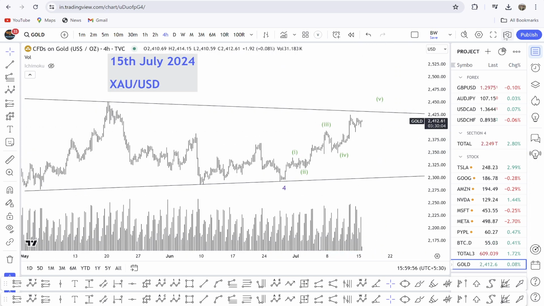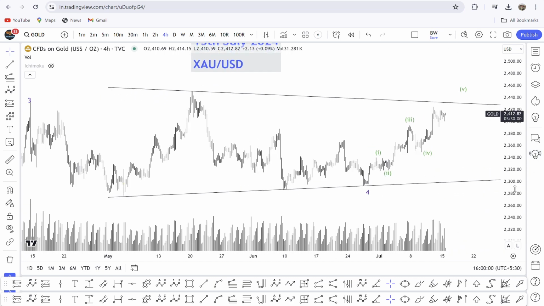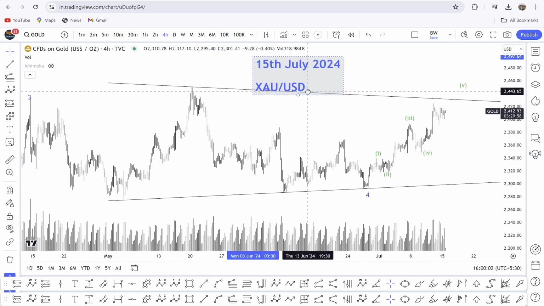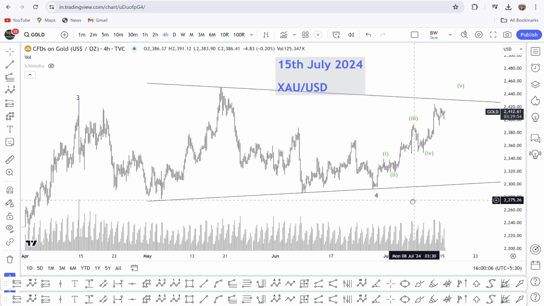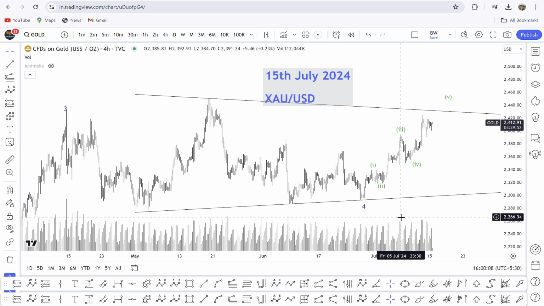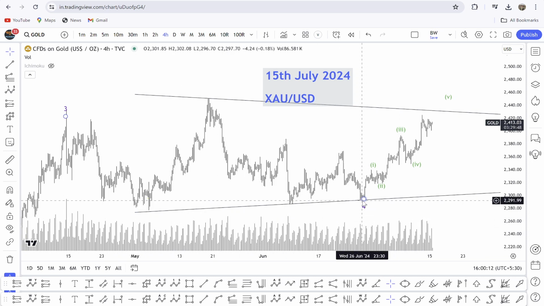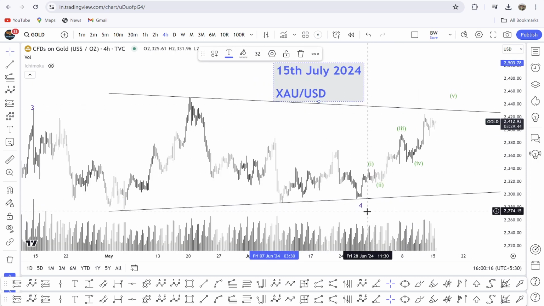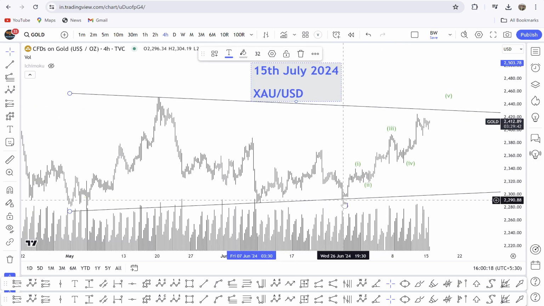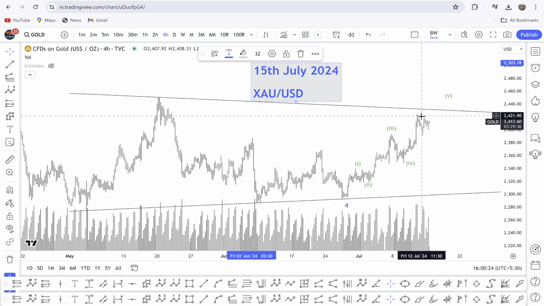So let's see a fresh count. Each time we have to do fresh counting. You can see I have mentioned this is 1, 2, 3, 4, 5.